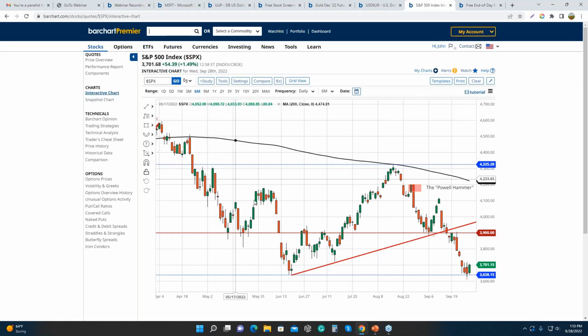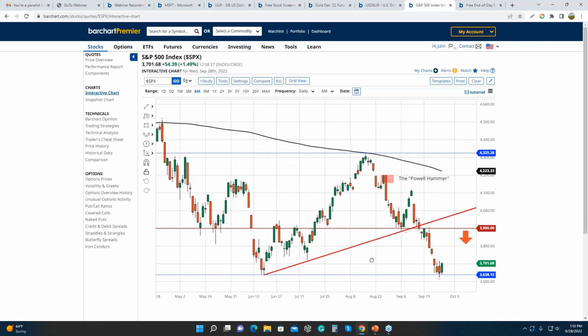Again, if we look back at our S&P index, our trend has been very strong to the downside, but in the short term we're seeing a little bit of a momentum shift.